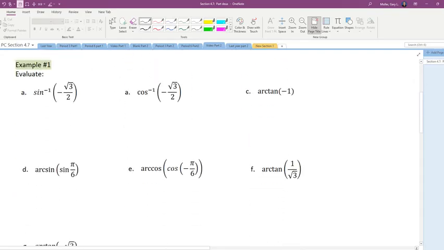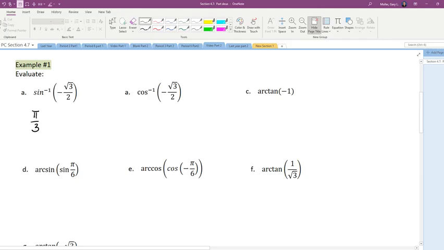All right. Example 1. Now we're just going to practice what we've learned. Arc sine of negative root 3 over 2. What angle has a sine of negative root 3 over 2? So I think about my unit circle, or I draw a little triangle. Either way, I figure out that that is talking about a pi over 3 angle.